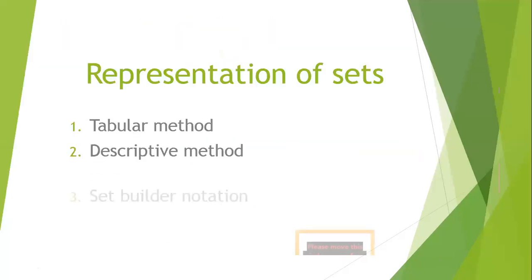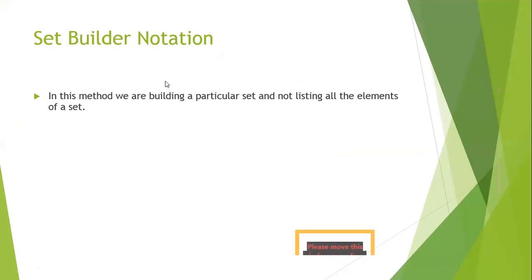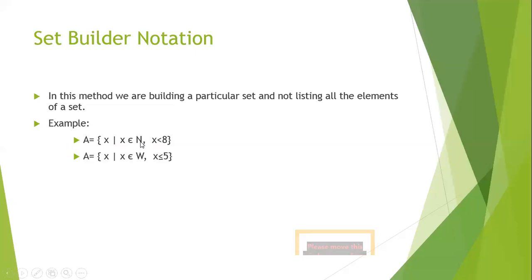Very good. We have 2 minutes more. Yes. In this method, we build a particular set. In this method, we are not going to write down all the elements. Instead of elements, we use some symbols. For example, if I have to write down the natural numbers less than 8, I am not going to list all the elements. I just write x such that x belongs to the natural numbers and x is less than 8.